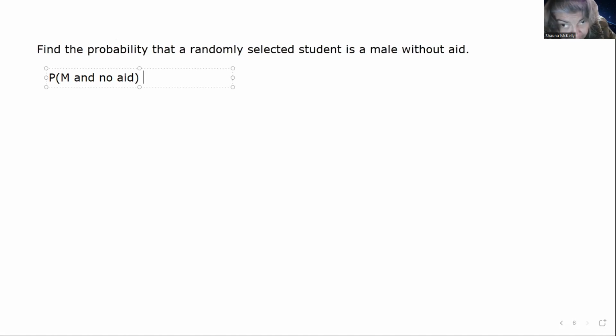So in that case, we're going to look at our tree back here on our whiteboard.